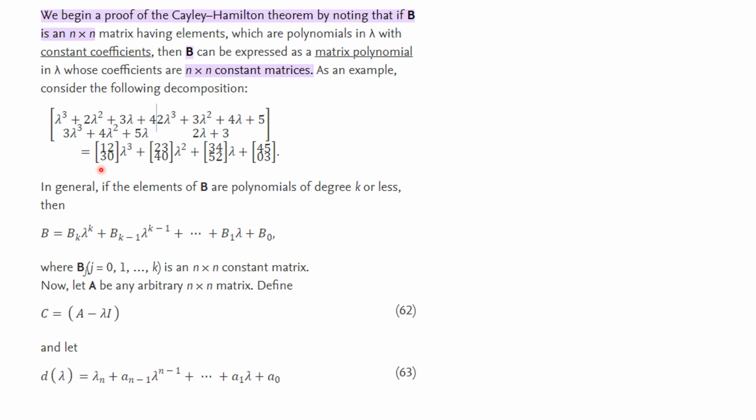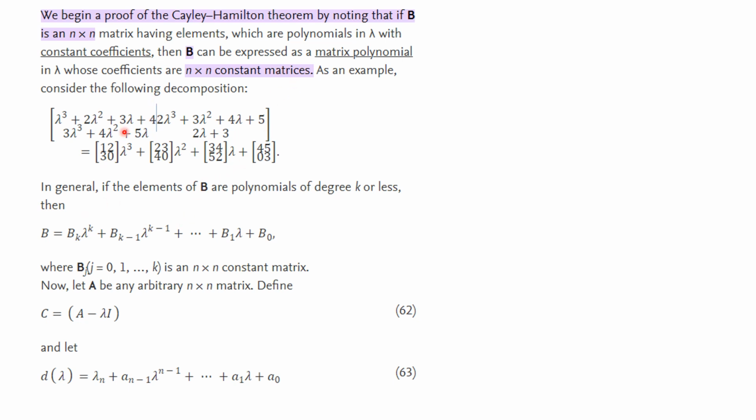So you see then, I'm going to call that some factorization, but you have the matrix 1, 2, 3, 0 times lambda cubed. There's 1, there's 2, there's the 3, and there's no term here, so that's the 0. That's where that comes from. Plus the next matrix is going to be 2, 3, 4, 0 times lambda squared, plus 3, 4, 5, 2 times lambda, plus 4, 5, 0, 3. So you see we just can do this with any matrix.